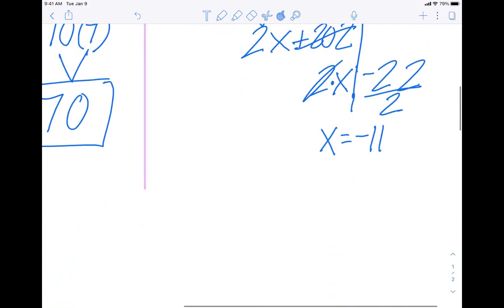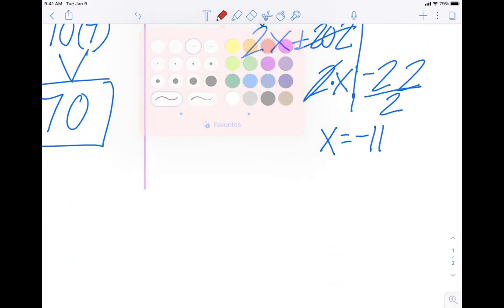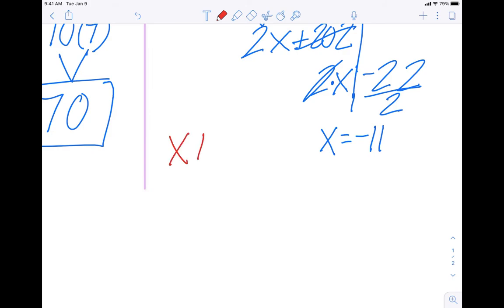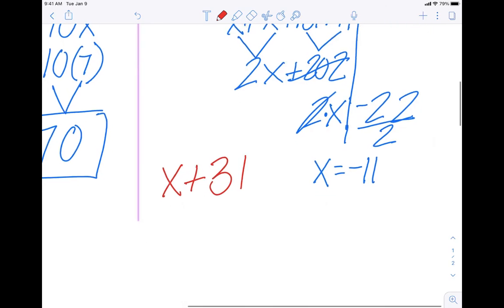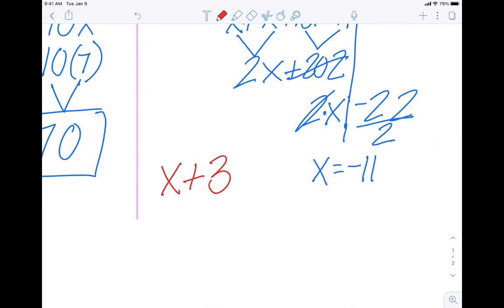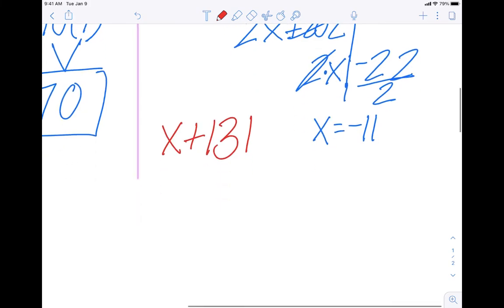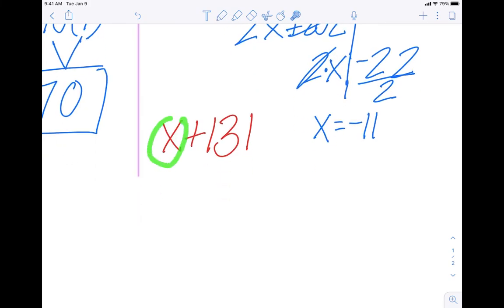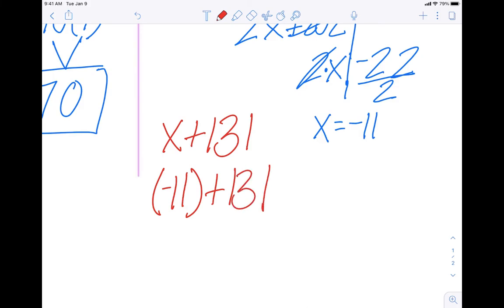So we're going to say, let me change my color here. X plus 131, is that what it was? 131. Well, I know what x is. X is equal to negative 11. So let me, negative 11 plus 131. And these are definitely not the same sign.